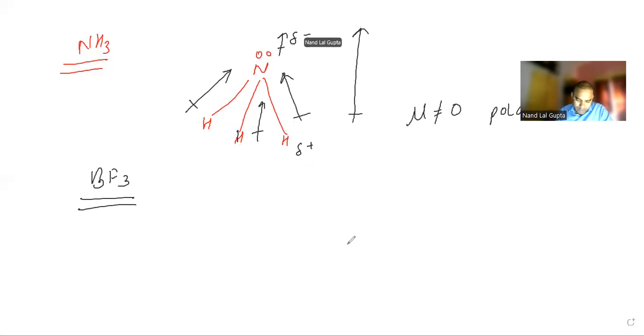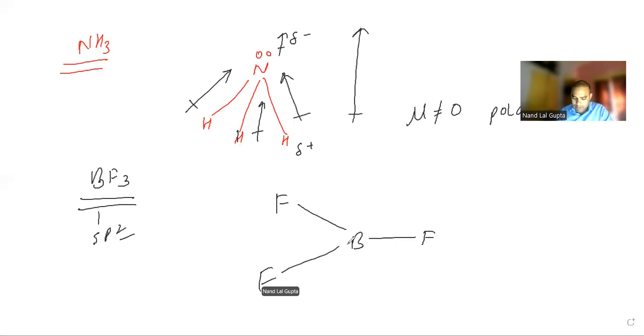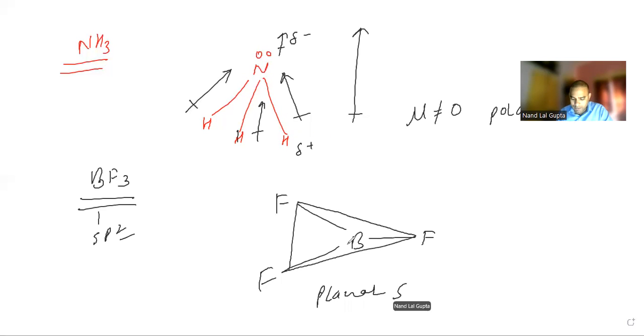BF3. BF3 is sp2 hybrid, which means boron with fluorine on each side. It is a planar structure, so there is a plane of symmetry, and that will be non-polar. Why?